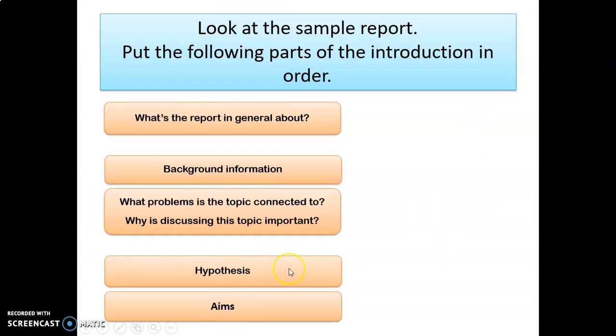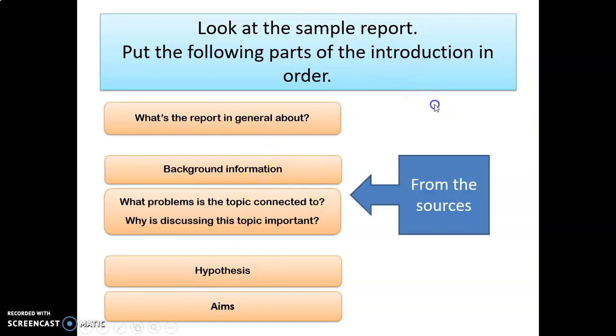All right. And which information do you think the author of the sample report took from the sources? Well, actually, the background information and the information about the problems and the importance of the topic, maybe the consequences of the issue, can be taken from the sources, because you are not an expert unless you are some professor of whatever, beach debris, marine litter.